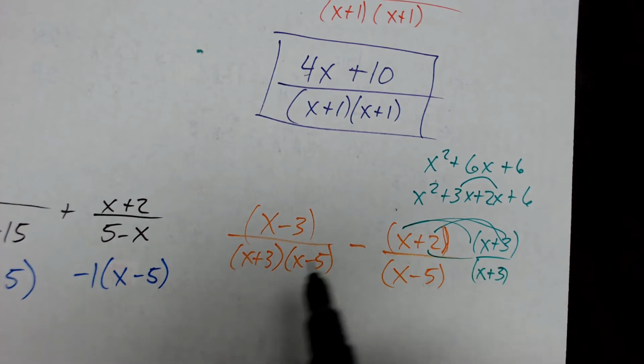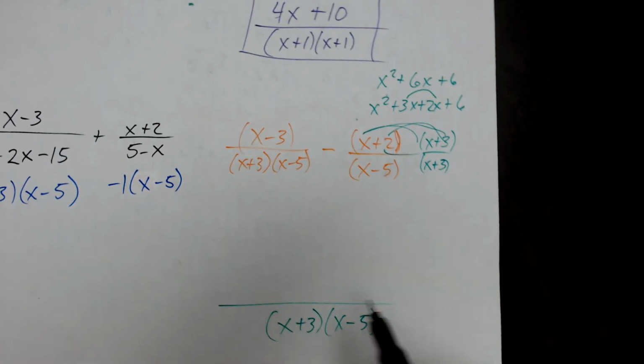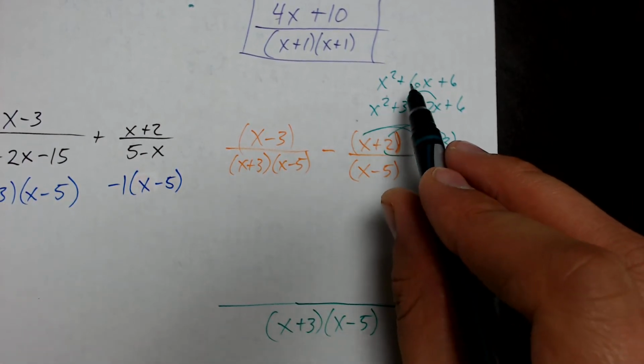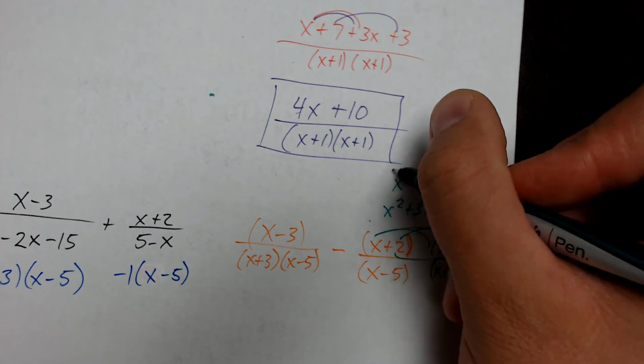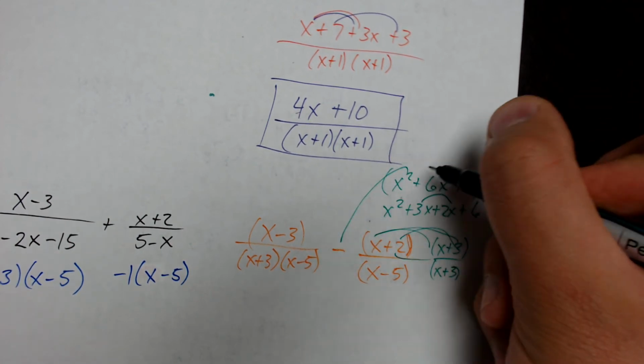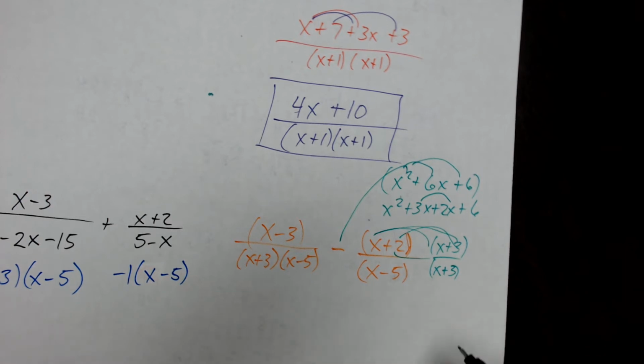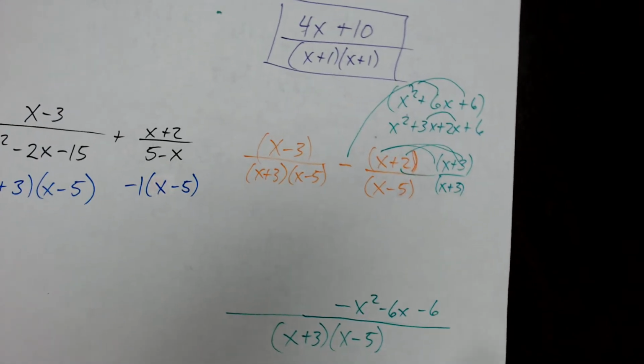And if I'm going to write both of these numerators on the same line, like I want to down here, then this negative needs to get applied to this numerator. And what this negative is going to do is it's going to distribute to all 3 of these terms. So what this becomes now is negative x squared, negative 6x, and negative 6 down here.